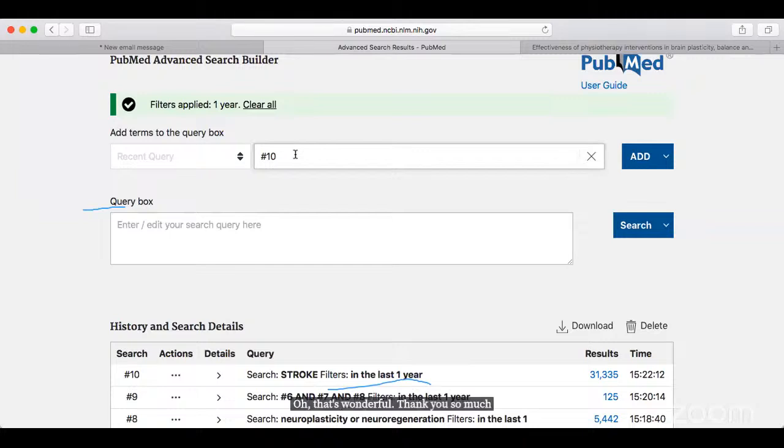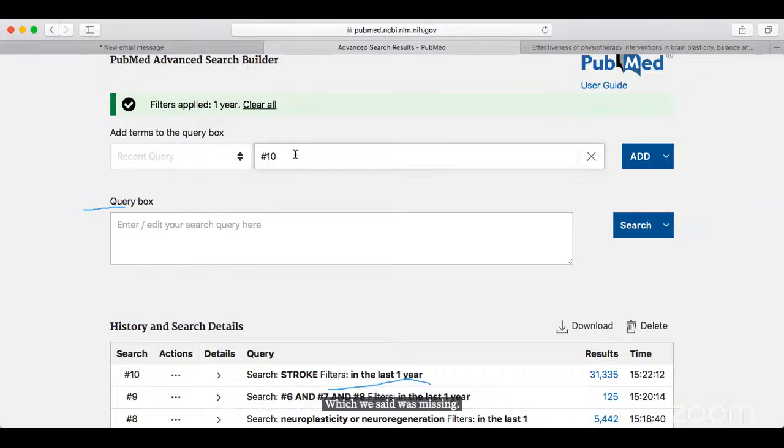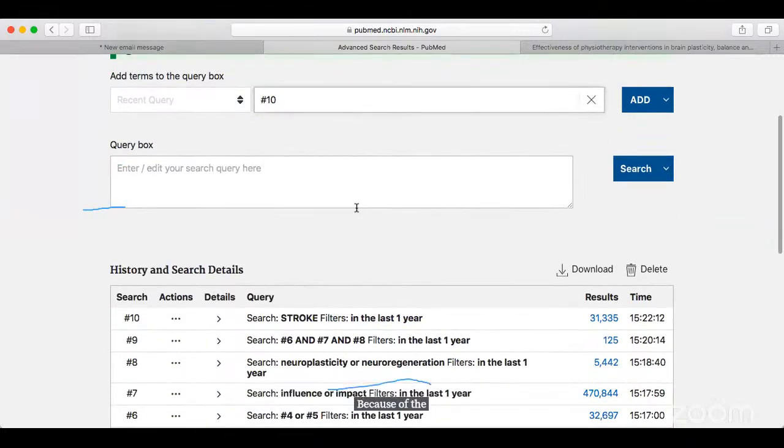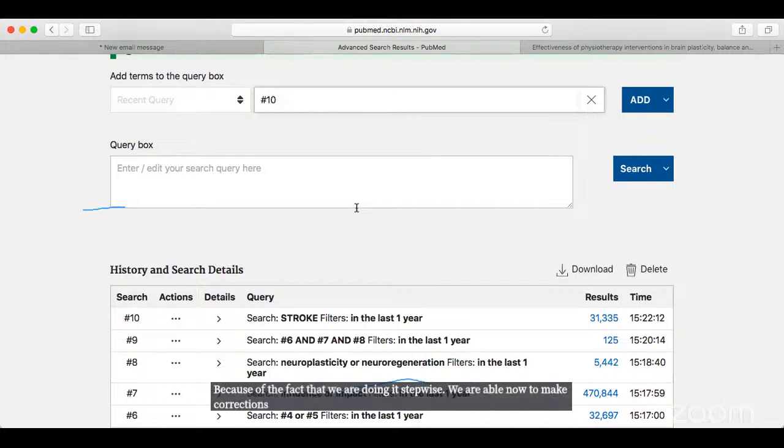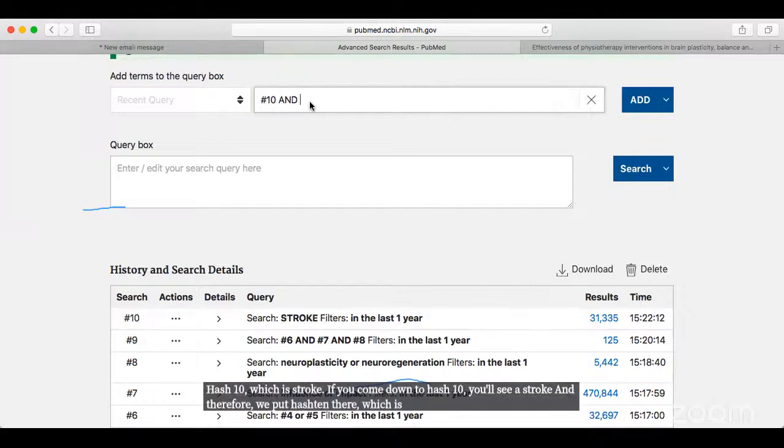So now we have stroke, which is our patient characteristic, which we said was missing in the first search strategy. We now want to correct it. Because we are doing it stepwise, we are able to make corrections and move on. So we say #10, which is stroke. If you come down to #10, you'll see it is stroke. And therefore, we put #10 there. If we wish, we can just put stroke.